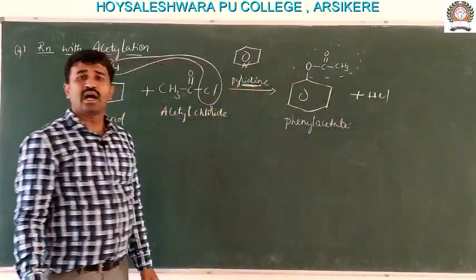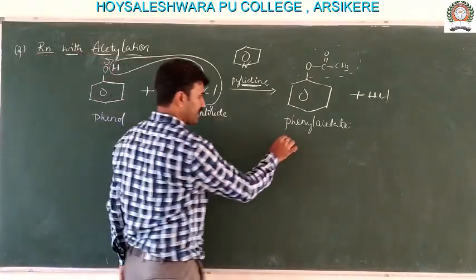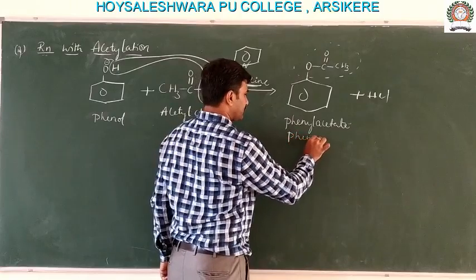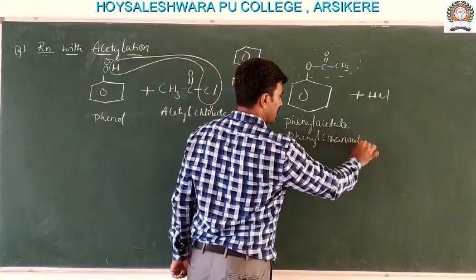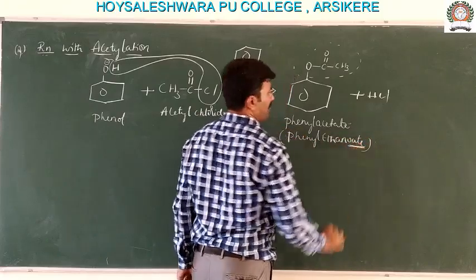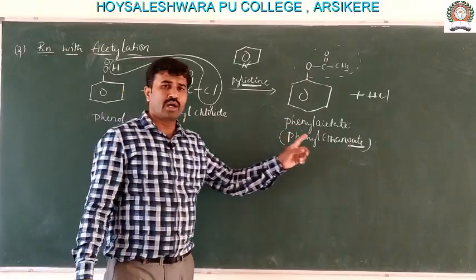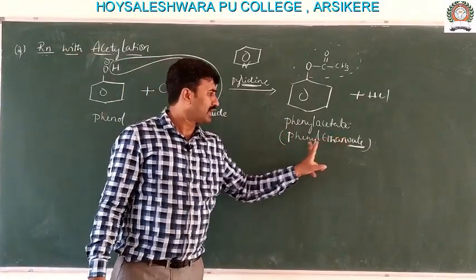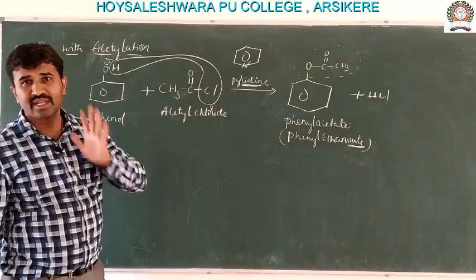Phenyl acetate. IUPAC name is phenyl ethanoate. The suffix, that is the secondary suffix for the functional group of ester, is ate. Phenyl ethanoate. See, this reaction is reversible in nature.